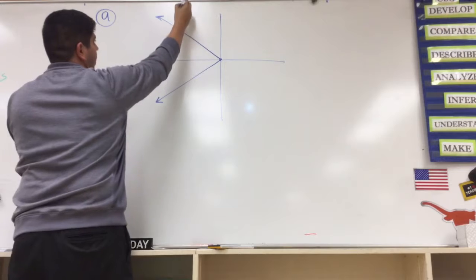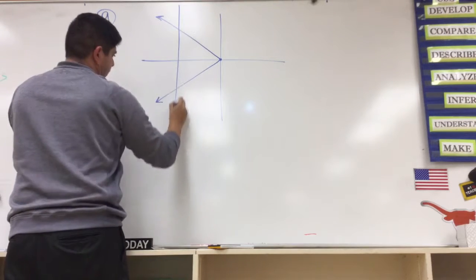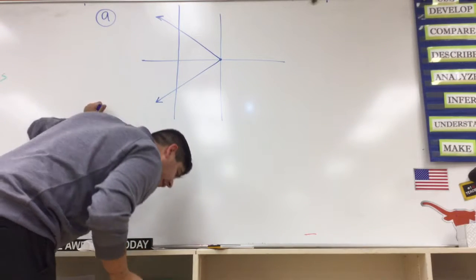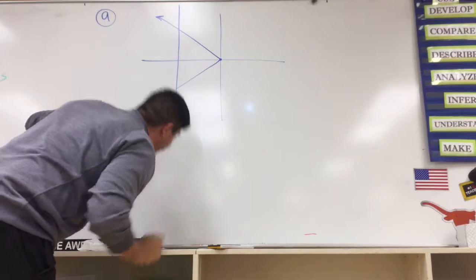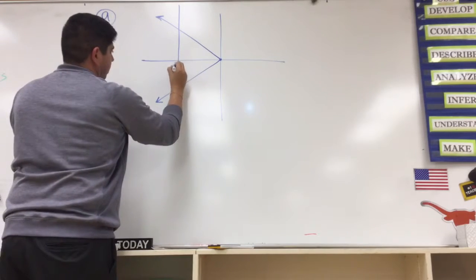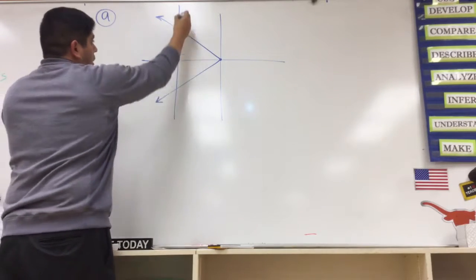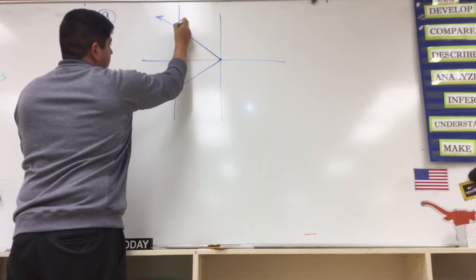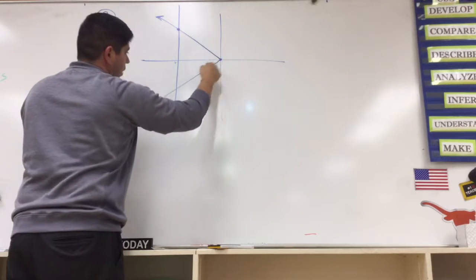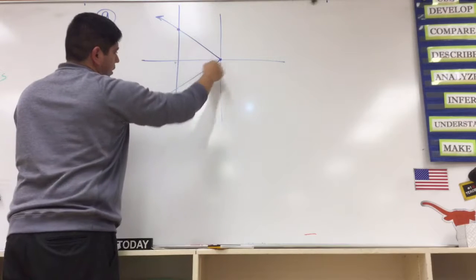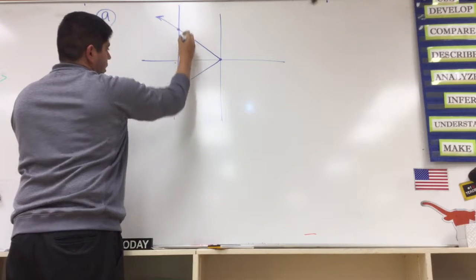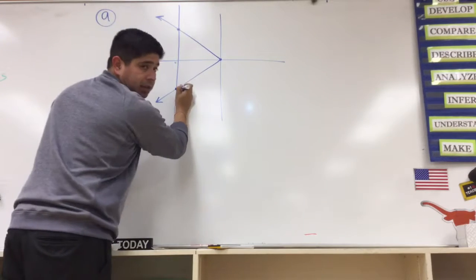But if I have a line that goes straight down here, say it's at negative 6, if I go down the line, it touches this line here, but it also touches the same line there.